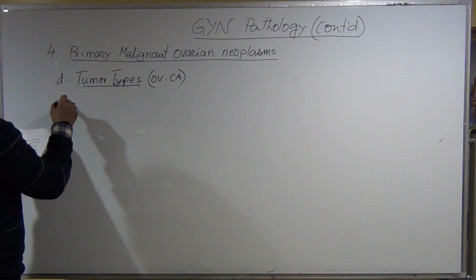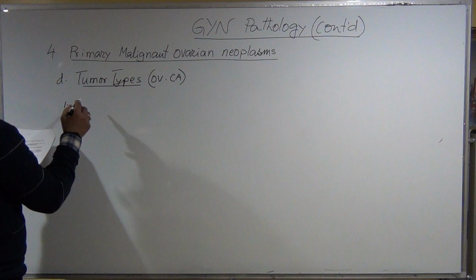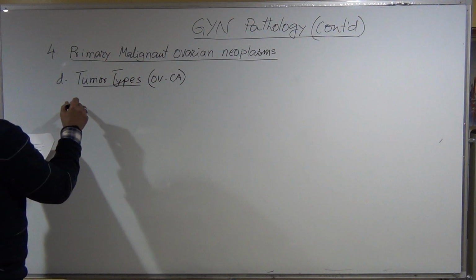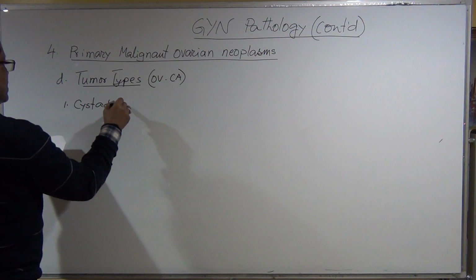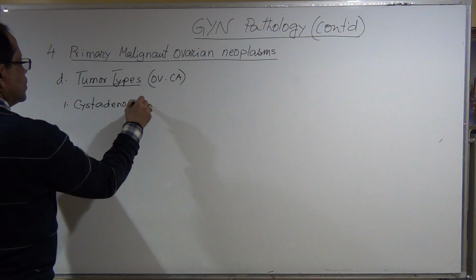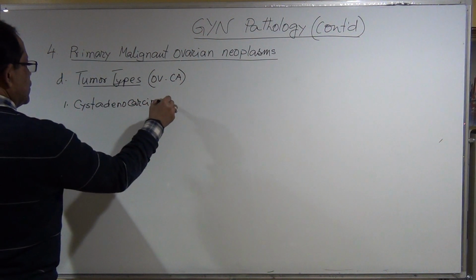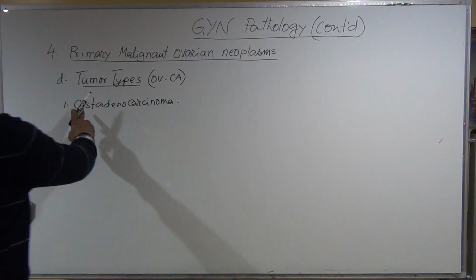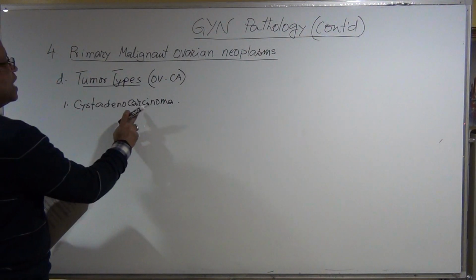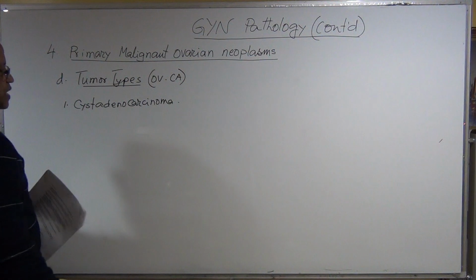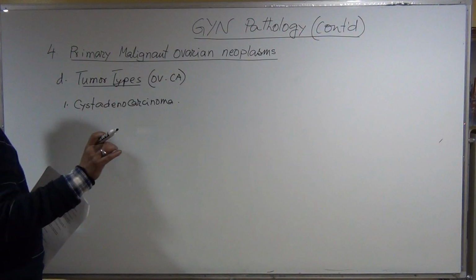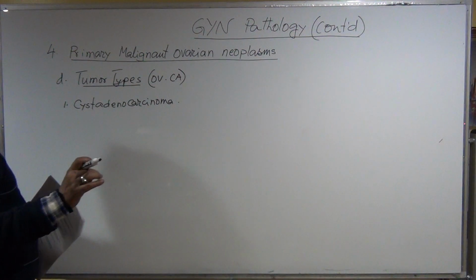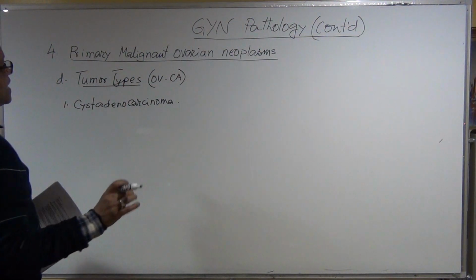Number 1, Cystadenocarcinoma. See, this is the cystic version of the adenocarcinoma. So adenoma is a benign version, and there is a cystic version of the adenoma. We call it cystadenoma.